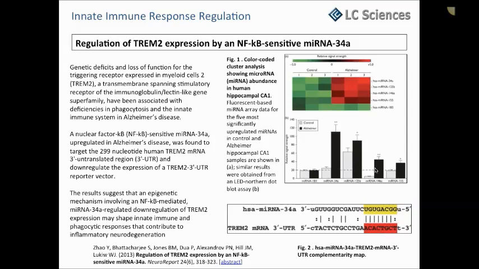Looking at microRNA 34A, they found that it's actually targeting the 3' UTR region of a gene called TREM2, which stands for triggering receptor expressed in myeloid cells 2. This is shown here: the sequence of microRNA 34A, and the 3' UTR region of the TREM2 gene, and how it matches.